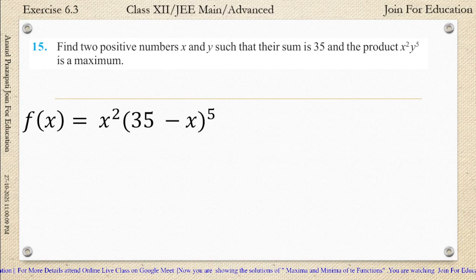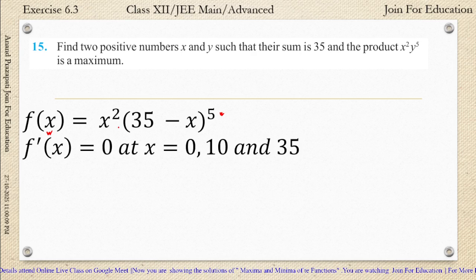So f(x) here will be x square into (35 minus x) to the power 5. So the first derivative of the function will be 0 at x equals 0, 10 and 35.